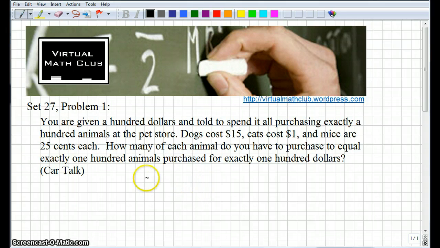All right, well, let's define some variables. Let's make them easy to remember too. So let's say D is equal to the number of dogs.